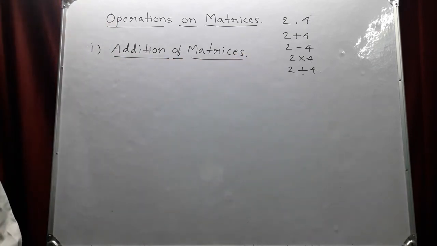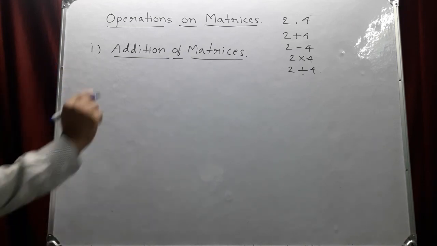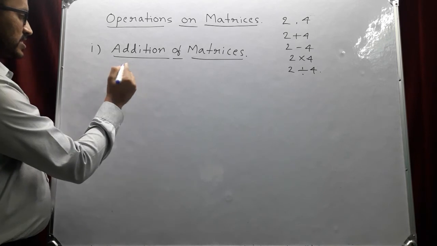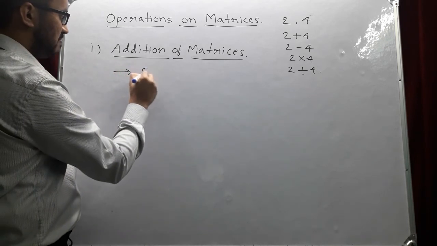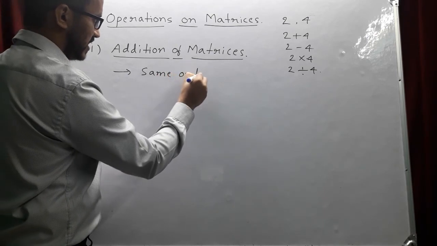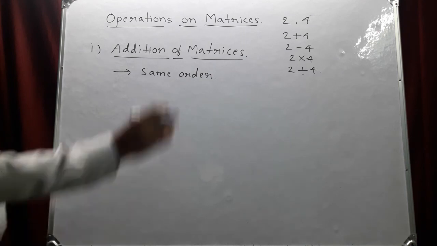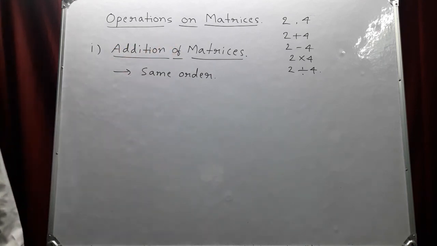So we can add any two given matrices if they satisfy the condition that they should be of the same order. If the given matrices are of the same order, then we can add those two matrices. Then how to add the given matrices?